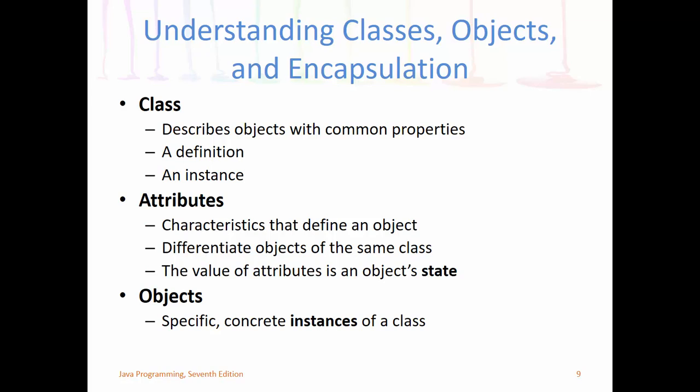Is it a ranch, or is it a Cape Cod? Right? It would be different types. And then it'll also have capabilities. So it'll have attributes, and it will have things that it can do. So what can this house do? Well, this one's got 3 bedrooms, so we can put 3 kids in there, right? This one's only got 1 bedroom. Or a sliding door? Okay, a sliding door.